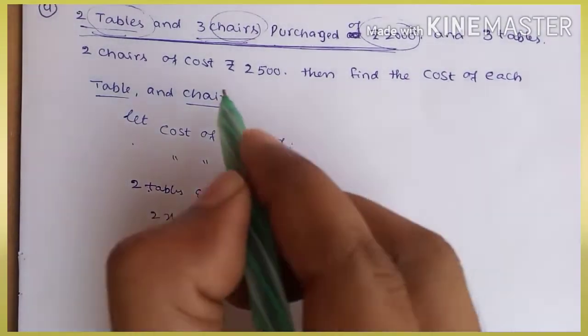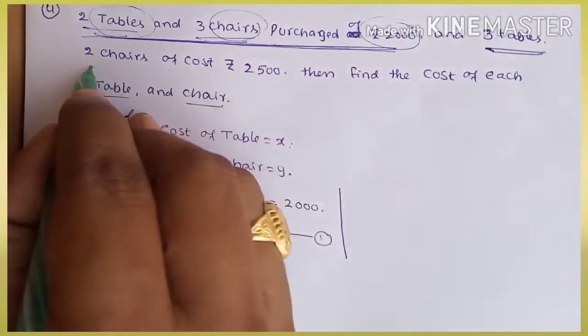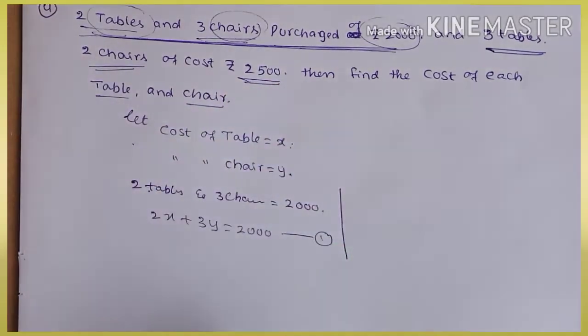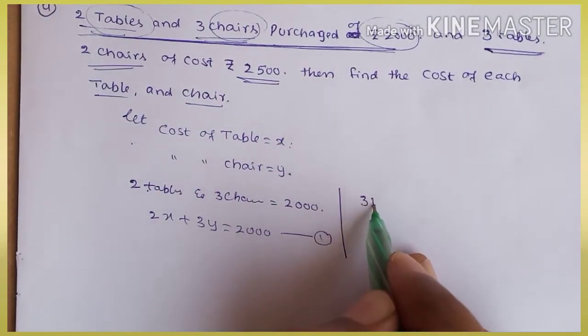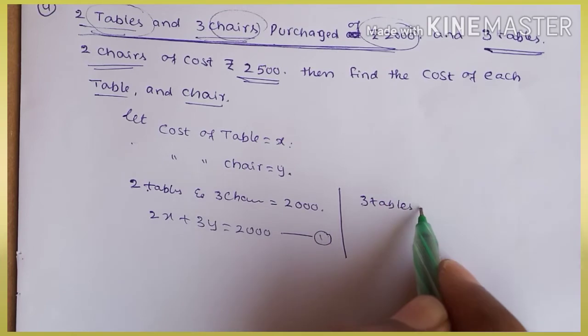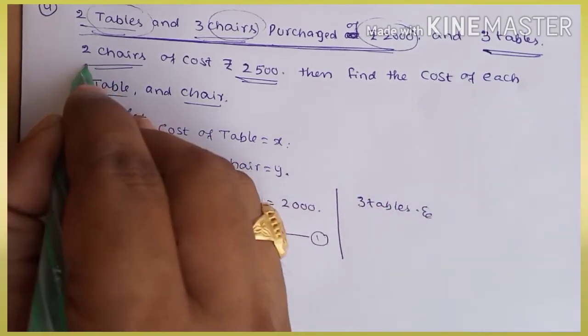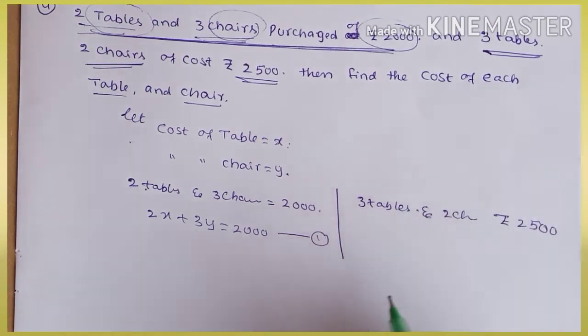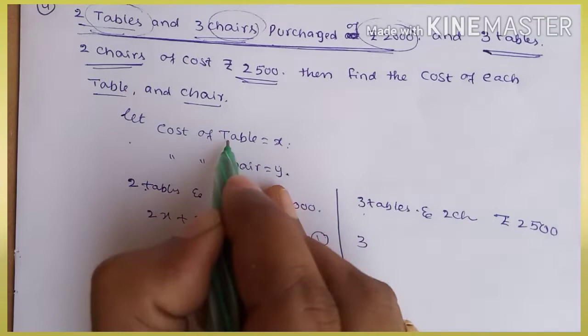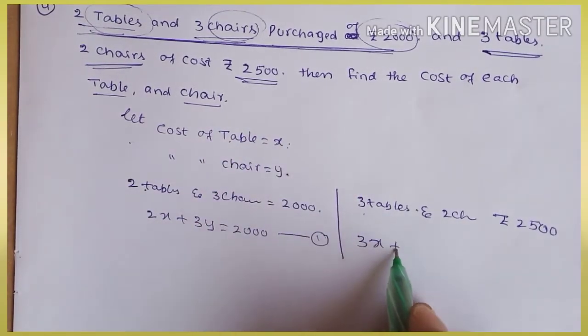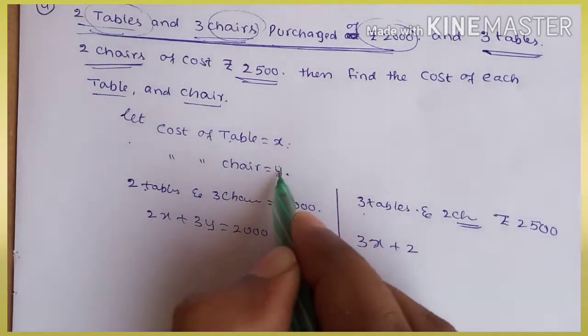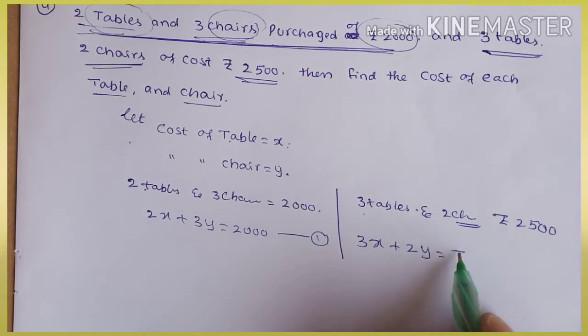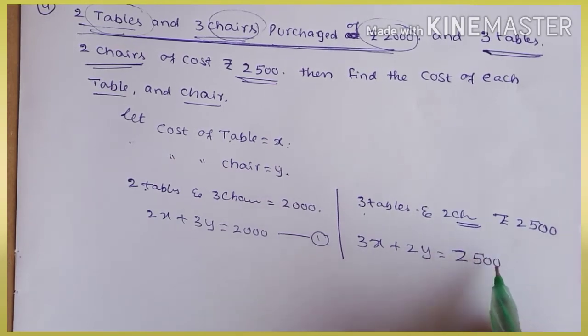And the second equation is what here? 3 tables and 2 chairs is rupees 2500. How many tables? There are 3 tables, and how many chairs? 2 chairs. 2 chairs cost rupees how much is given? 2500. 3 into table cost x plus 2 into chair cost y is equal to 2500.